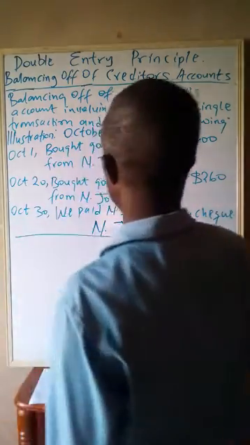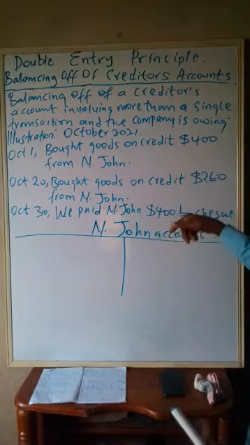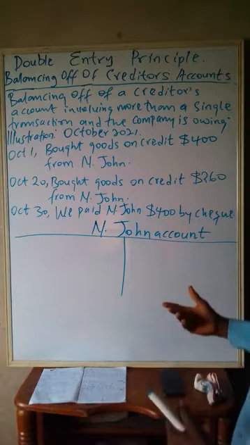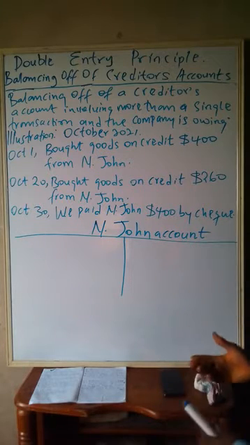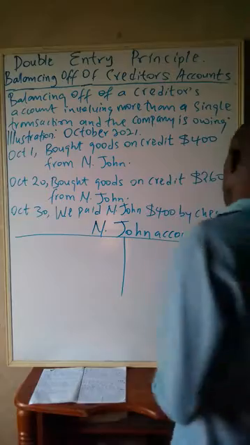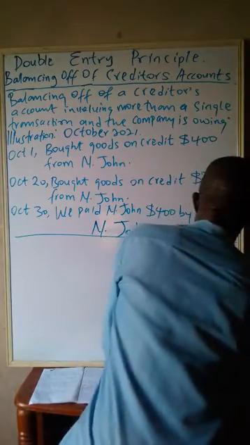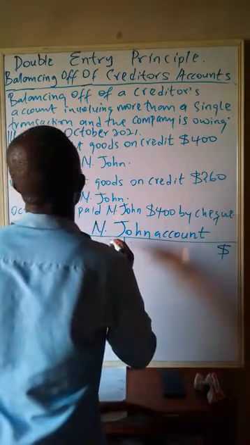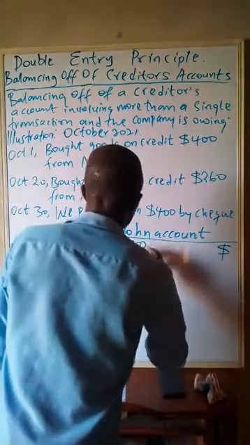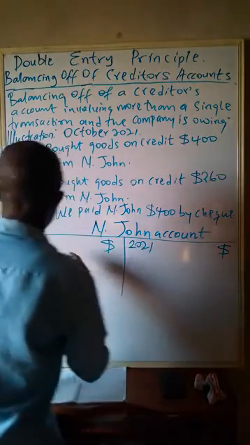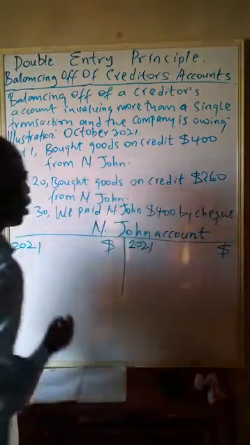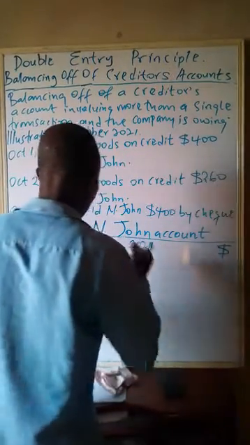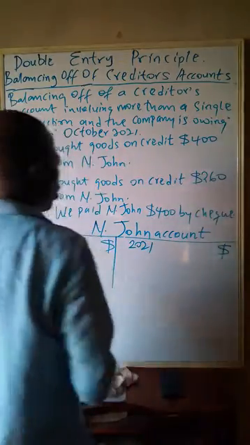Like I've said in the previous video, this is the creditors account, the payables. How do you classify that? That is a liability account. When liability is increasing, what do you do? You credit. I use my dollar sign, and my year is 2021.